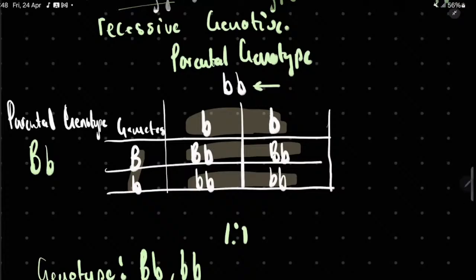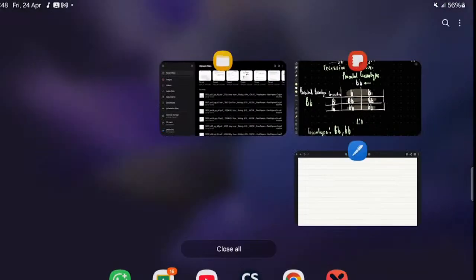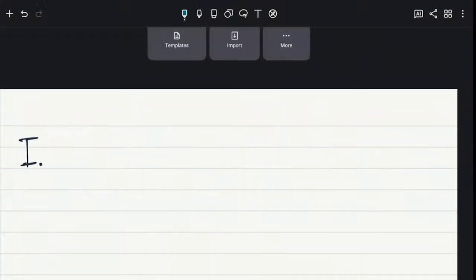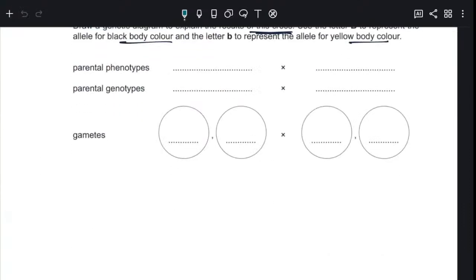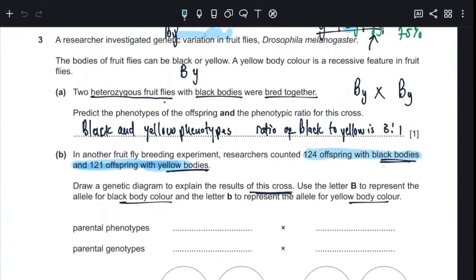So if I go back to this question, and I look at it again, I'll see that we have 124:121. This is almost 1:1. It's approximately 1:1.